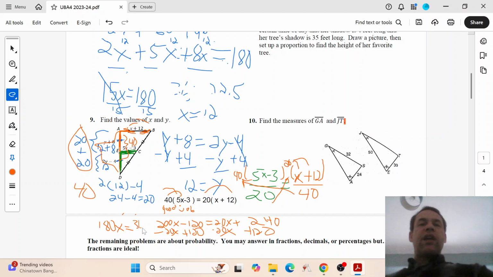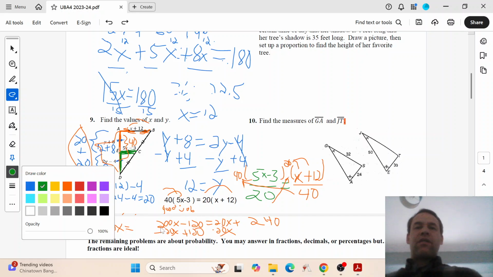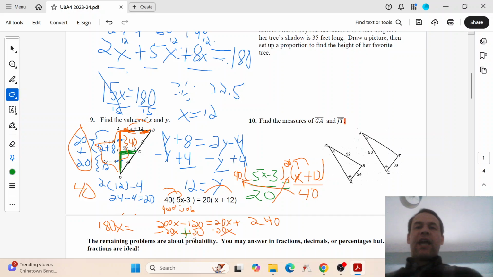I don't know if I did that very well. Okay, so now we're going to add 120 over to this side, and so that should be 360. Yeah. So 180x equals 360.